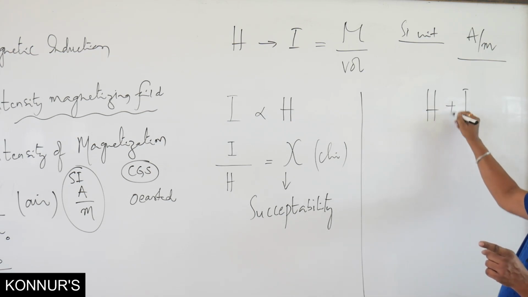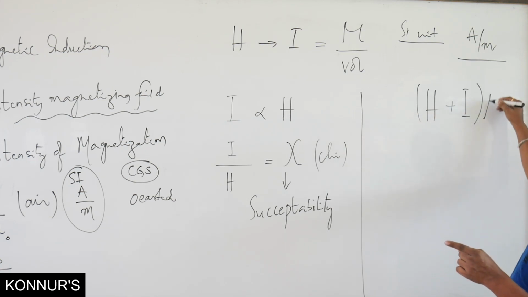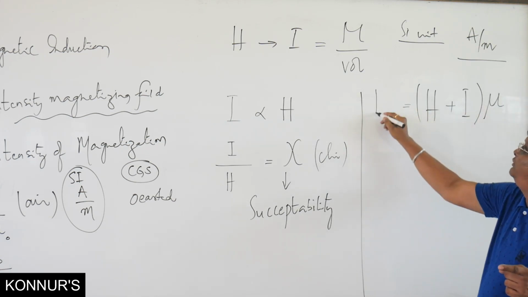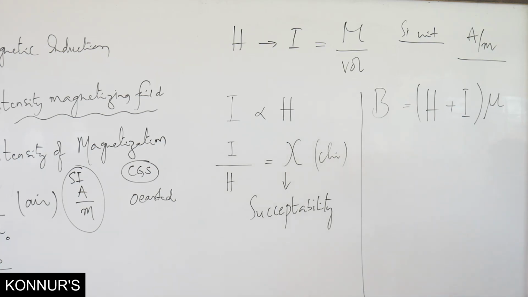Now I am writing H plus I times this mu, which is nothing but capital B. This is how we relate the three things.